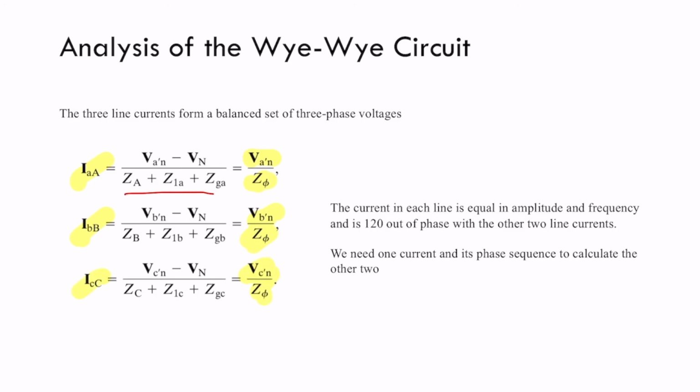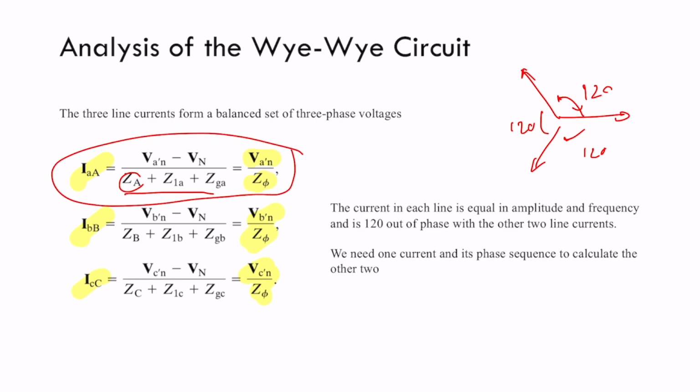So that means I don't really need to know all the 3 phases. If I know my generator is creating 3 voltage sources that are 120 degrees apart, right? This is 120, 120, 120, they are balanced. And the loads are balanced as well. So I can compute the value for one phase and then extend it to the other ones, right?